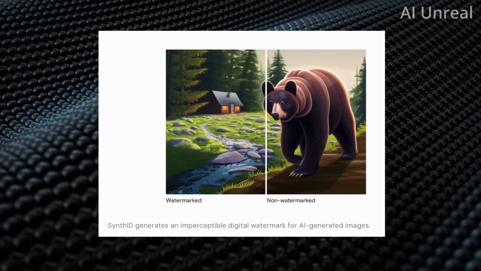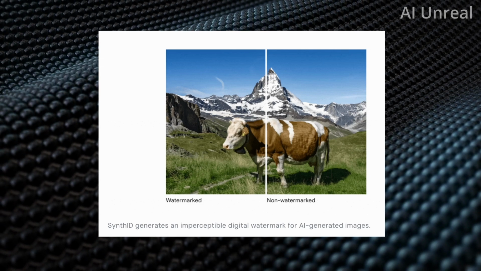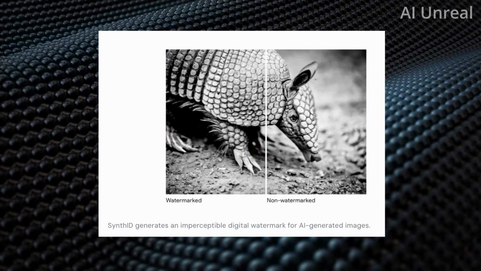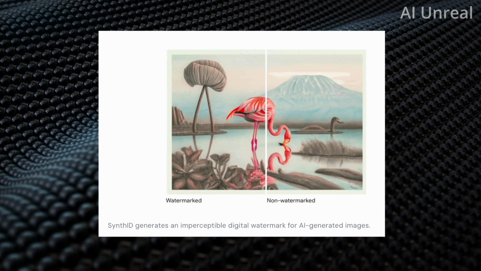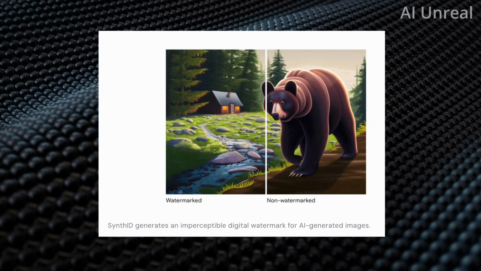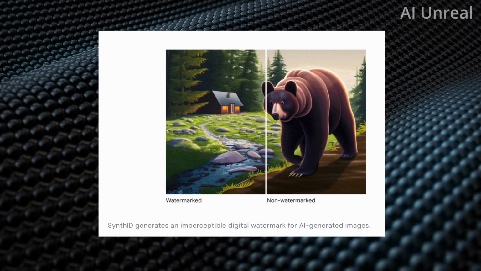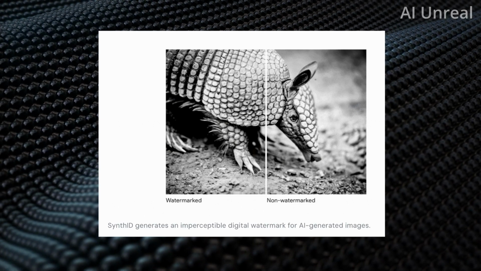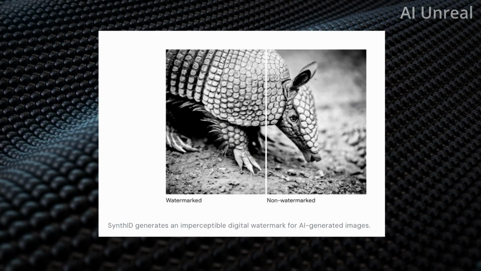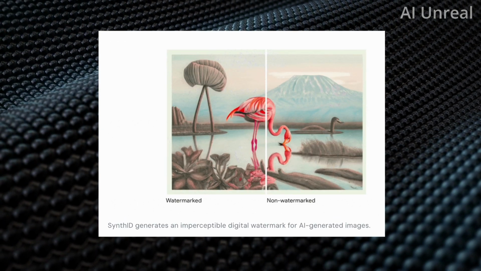I can't even tell any difference between the left side and the right side. But apparently this is why they say it's invisible to the human eye, or essentially you can't even notice it, versus the computer, the technology behind this, which should be able to identify that within its pixels, and then boom, tell you whether it was AI generated or not.